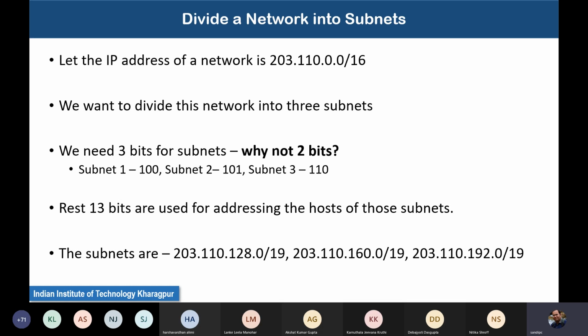Now each of them needs a block of IP addresses. And as I mentioned earlier, we want to do this entire process in a hierarchical fashion, so that we can hierarchically decode what the network is and in which particular subnet I need to forward the packet, because the final objective of this IP addressing scheme is to forward the packet to the final end host.